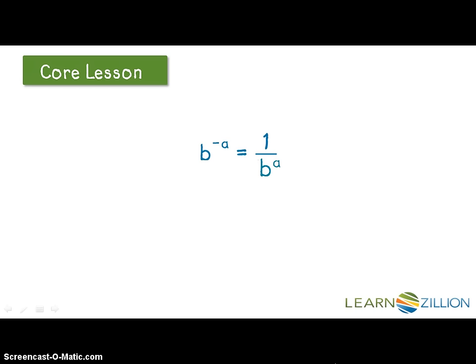So to summarize, by using any letters, because this is algebra, so we can use variables, if we're looking at a base b that's being raised to a negative a power, that is equal to 1 divided by that same base b, but raised to the positive a power.